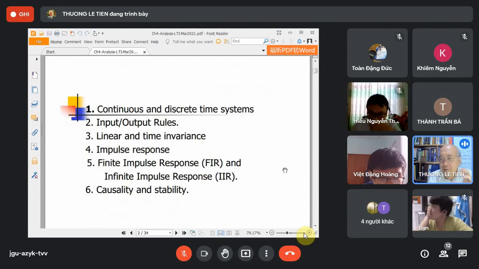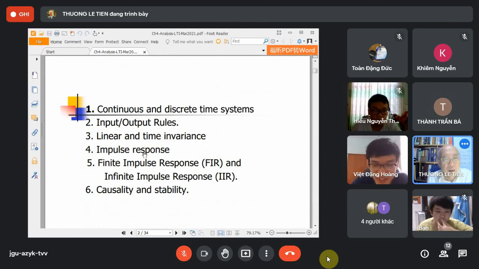I believe you already learned this in the course signal and system. So I just pass quickly, just remind you of some significant concepts, maybe new to someone. Look at this one. We say a bit about the I/O rules, the relationship between the input and output signal.